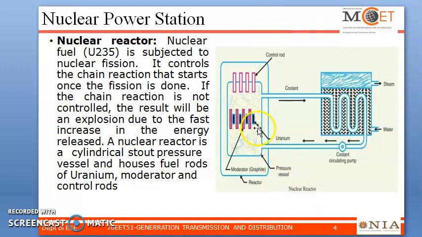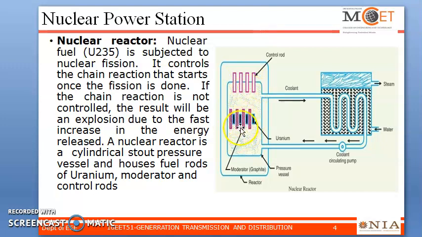So we have to control the neutron level by using the moderator. It is made of graphite. The control rod is another way of controlling neutrons. It is made of cadmium material and absorbs the neutrons, maintaining the neutron level.